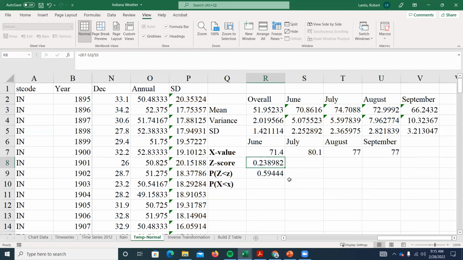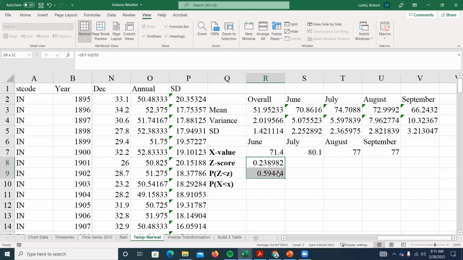I can be a little bit more precise with Excel because I don't have to round to that second decimal. But it's doing the same thing as using that table to look up z-values. Any questions on that? Does that make sense? It's not too bad, I don't think. So norm.s.dist works just like looking up a z-value in the table.